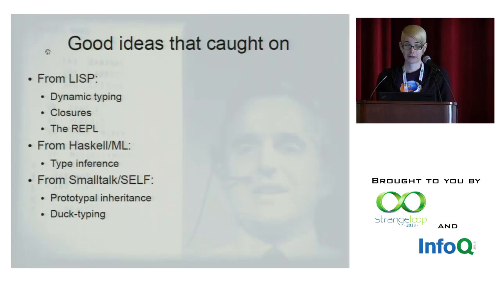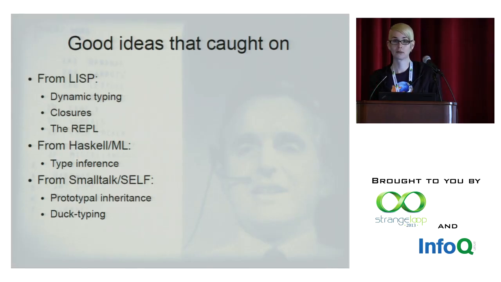And finally, in terms of the future of dynamic languages, I think there are a number of good ideas coming from other languages that have caught on. From Lisp, for example, we got dynamic typing. We have closures now. If your language doesn't have closures, people don't take it seriously. Everybody has become convinced that closures and the REPL, for example, are good features to have.